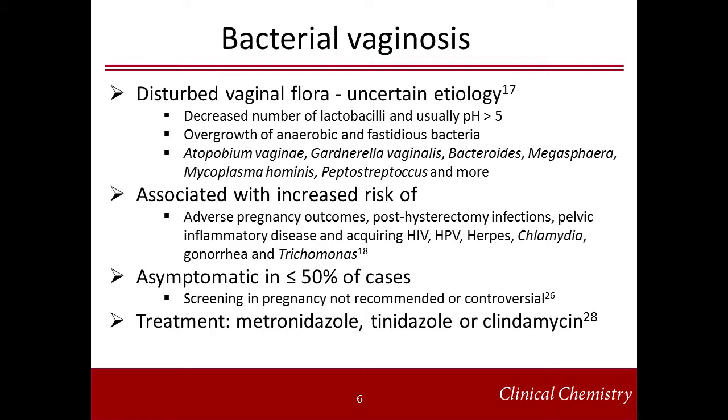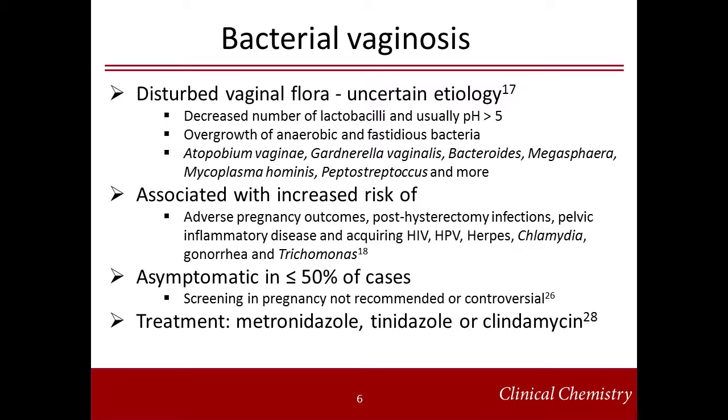In bacterial vaginosis, there is a greatly decreased number of lactobacilli with a subsequent rise of pH to over 4.5 and an overgrowth of various anaerobic and fastidious bacteria such as Atopobium vaginae, Gardnerella vaginalis, Bacteroides, and many more.